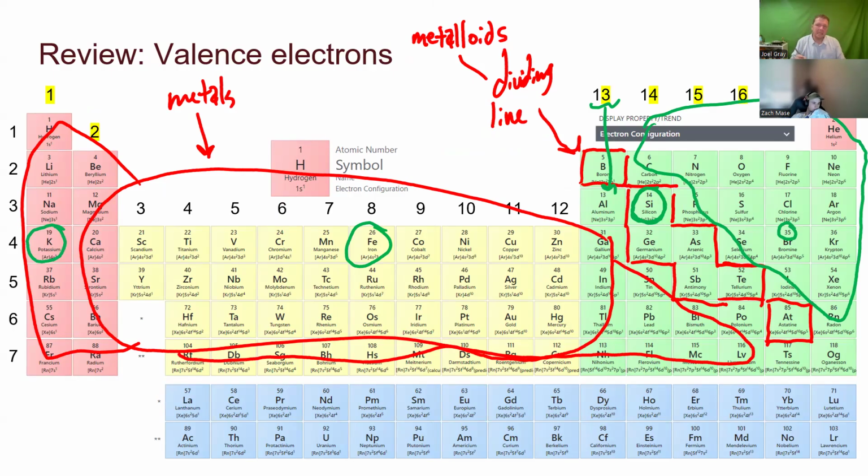Potassium has 19 protons and 19 electrons when it's a neutral atom. Potassium can either gain seven valence electrons, and then it will have the same valence electrons as krypton, or it can lose one, and then it has the same electron configuration as argon.